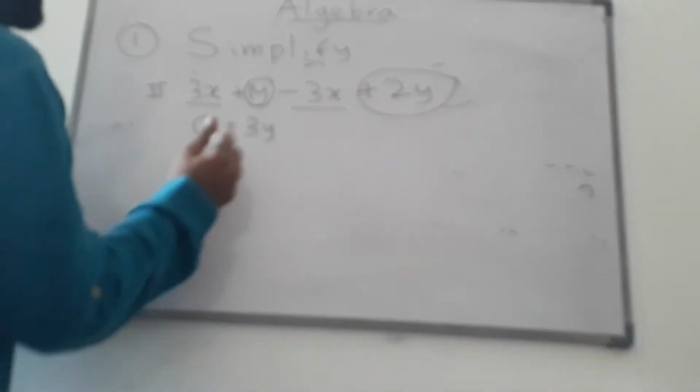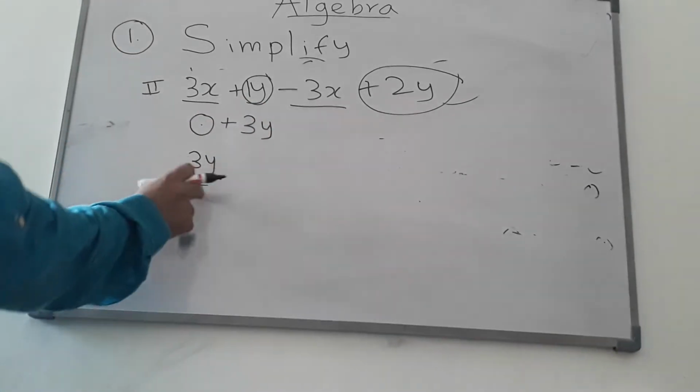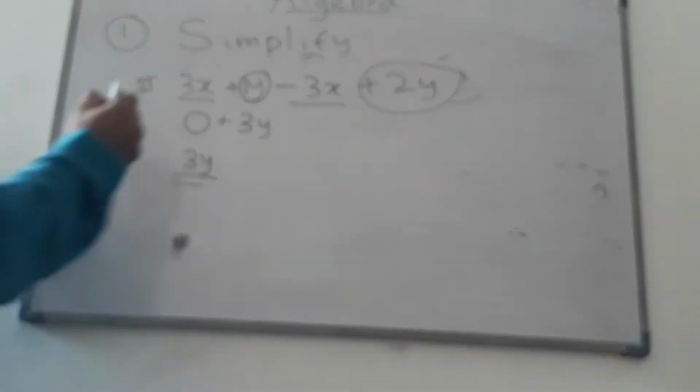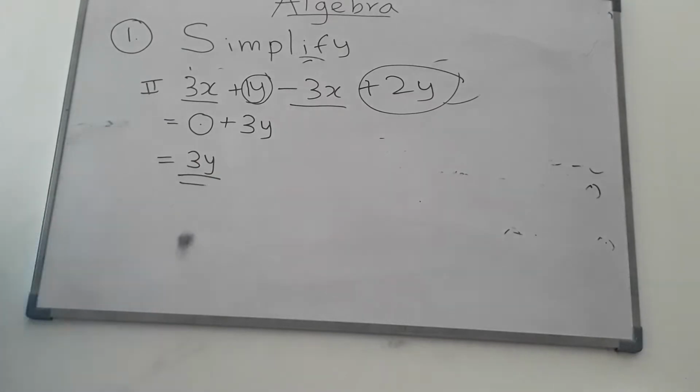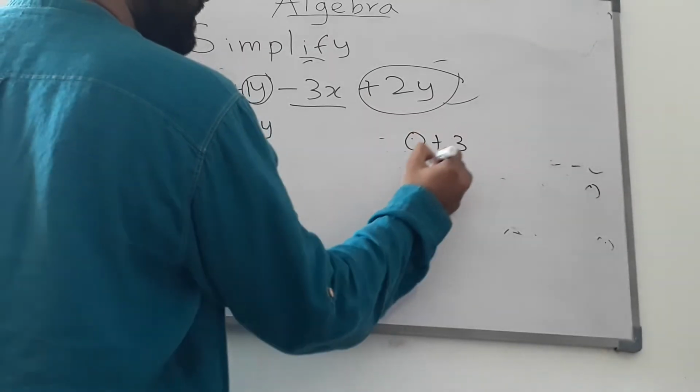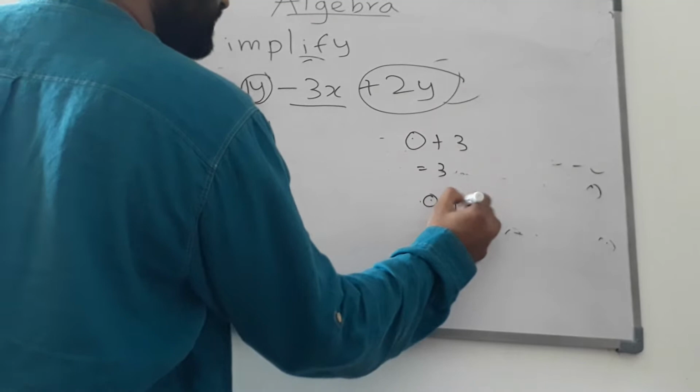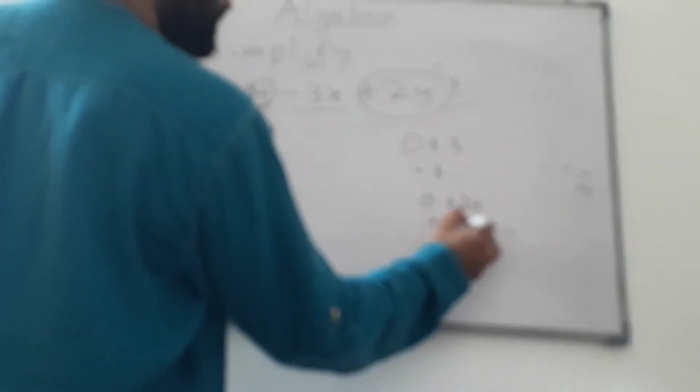So 0 plus 3y means 3y. 0 means nothing. Nothing plus 3y means 3y. So the final answer is 3y. It is like 0 plus 3 is 3. Likewise, 0 plus 3y means 3y. Keep it in mind.